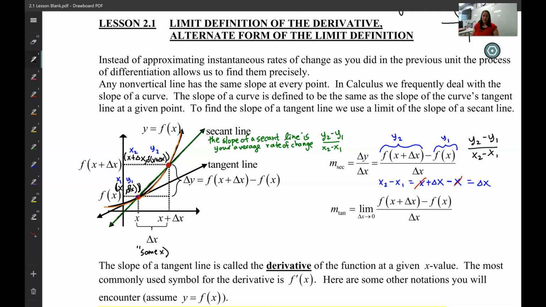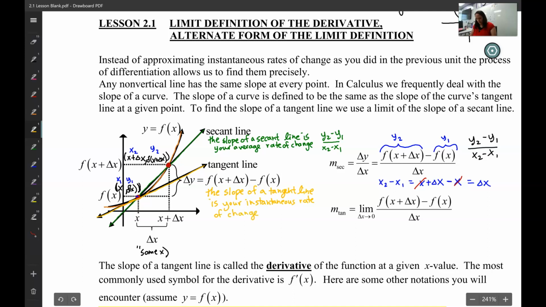That's your secant line. Now, the new one that we're talking about is this tangent line. So the derivative, or the tangent line, the slope of this line right here is your instantaneous rate of change.